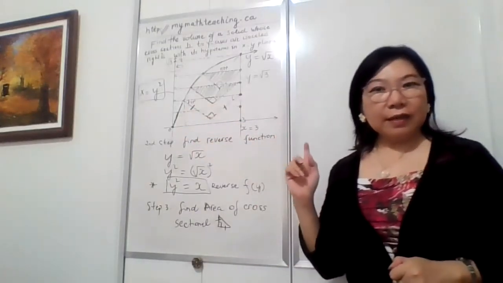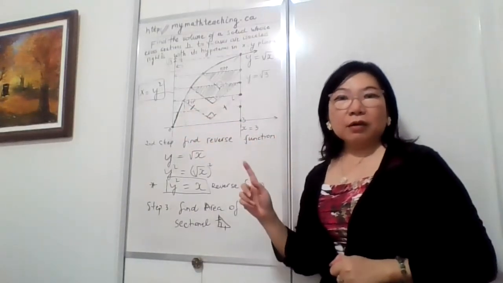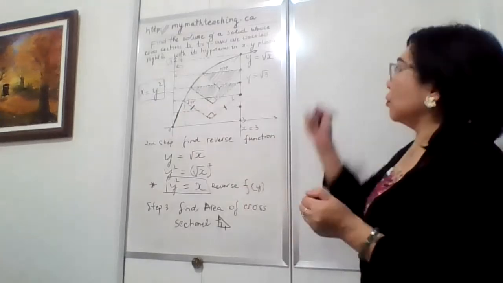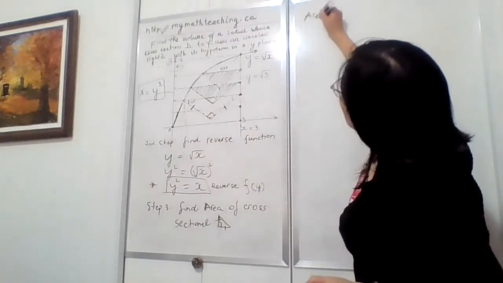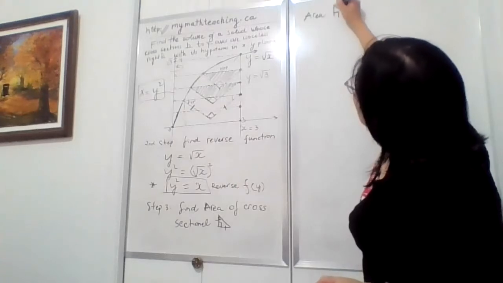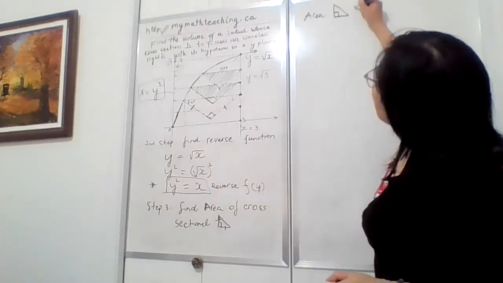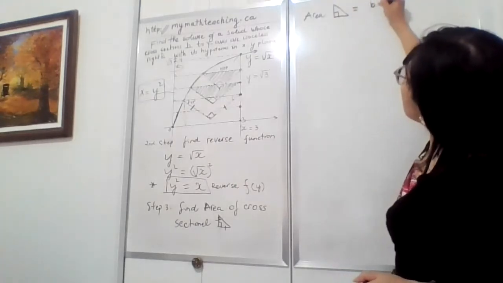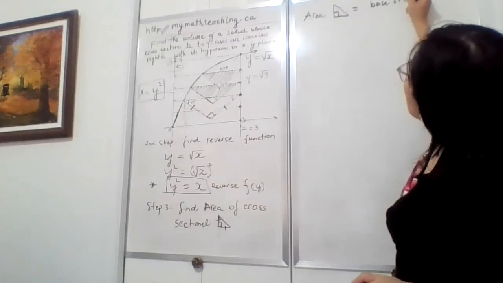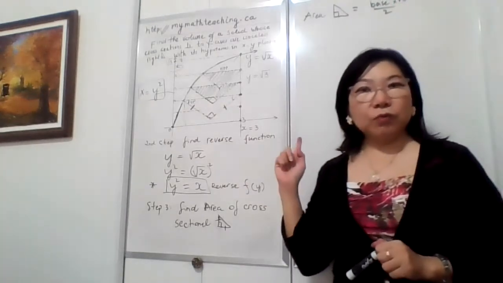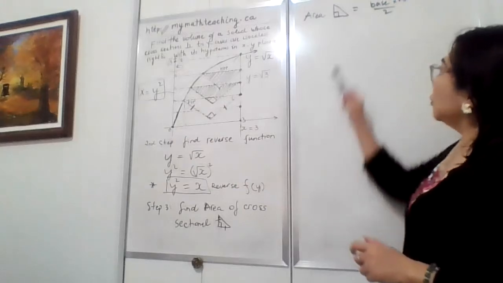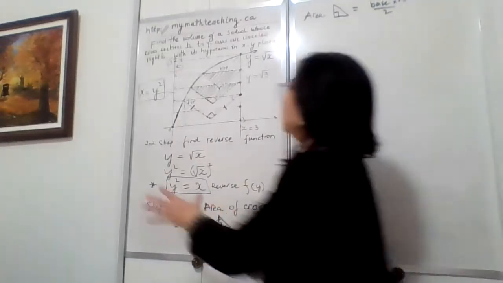And how do we find the area? The area of a right triangle, or any triangle, equals base times height divided by 2. That's the formula we know, right? So base times height divided by 2.